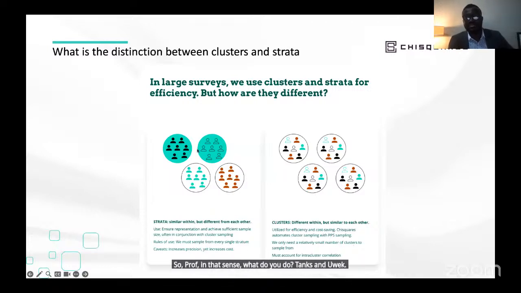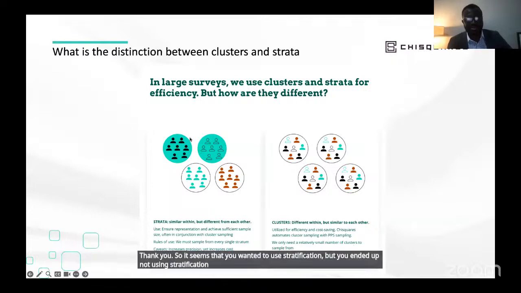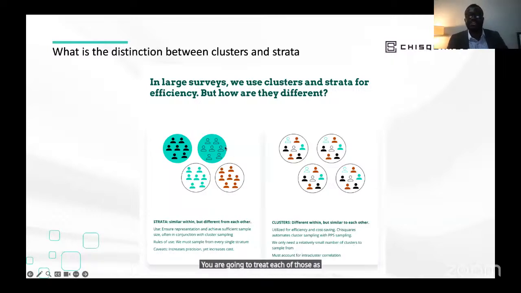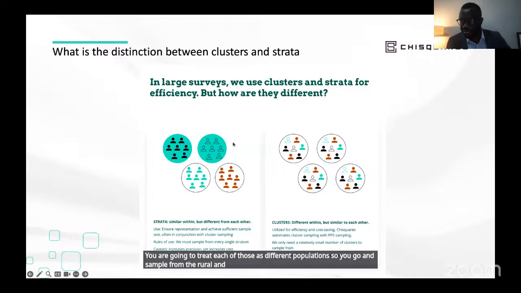So it seems that you wanted to use stratification, but you ended up not using stratification because, from what you said, you divided the population into strata. And what we expected from you next was that you would treat each of those as different populations. So you go and sample from the rural and you go and sample from the urban, right?